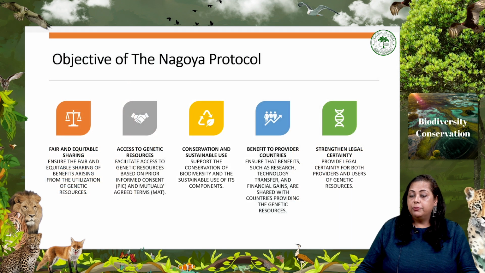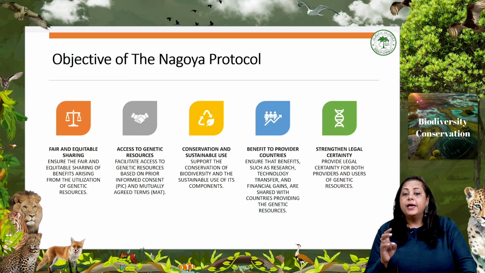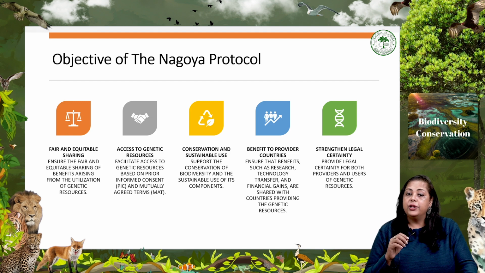So, the objectives of the Nagoya Protocol, we already know: fair and equitable sharing, access to genetic resources, conservation and sustainable utilization, benefit to provider countries, and strengthening legal certainty. These were the objectives of the Nagoya Protocol. Fair and equitable sharing means ensuring fair and equitable sharing of the benefits arising from the utilization of the genetic resources.